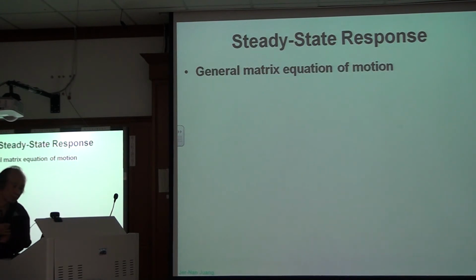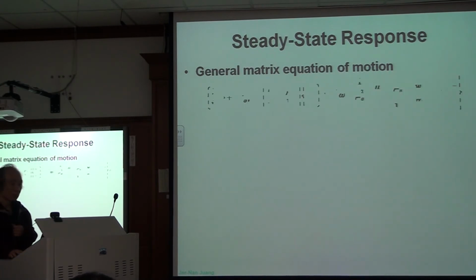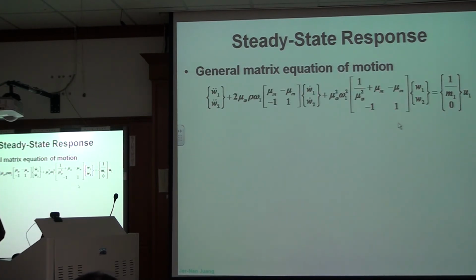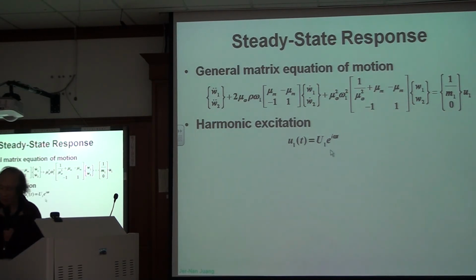Now let us look at the steady state response. Again, I'm not looking at the transient response. Here I assume the system is initially at rest; initially, the system doesn't move at all. So I'm only looking at the steady state solution for harmonic excitations. Be careful now: U1 equal to U1 exponential i omega t.